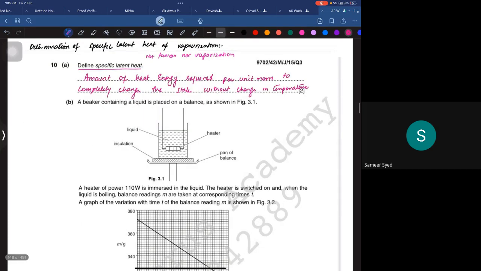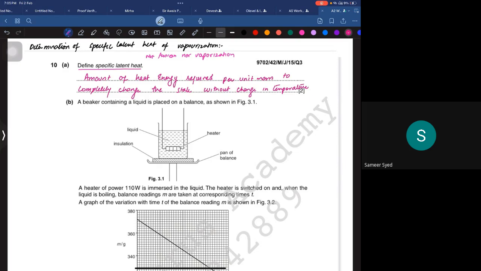Anyway, if you look at the whole thing, it says that a beaker containing a liquid is placed on a balance and a heater of power 110 watt is immersed in the liquid. The heater is switched on, and when the liquid is boiling, balance readings M are taken at corresponding times. Now check this out. Here's the balance.